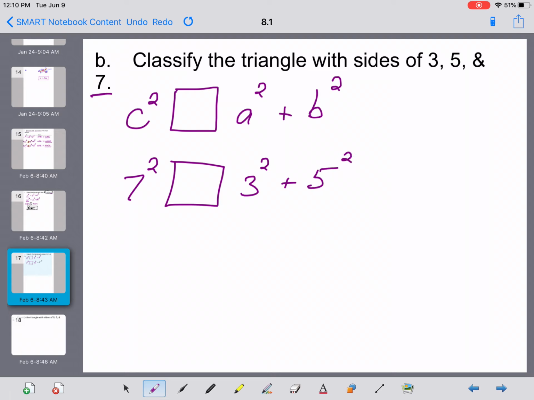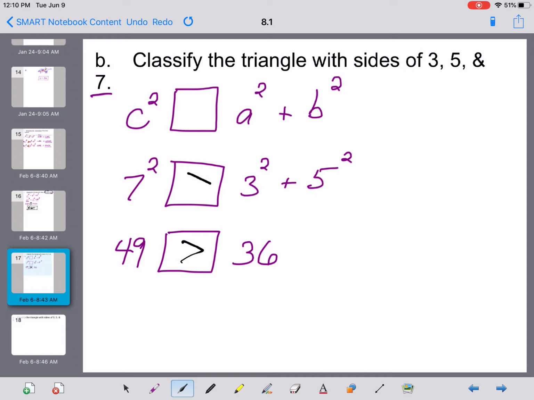Okay, left side, 7 squared is 49. That compares to, and here we go, 3 squared is 9, 5 squared is 25, so that equals 36. Now pretty clearly, everybody, 49 does not equal 36, so we know that this is not a right triangle. But we can be more specific than that. 49 is greater than 36.